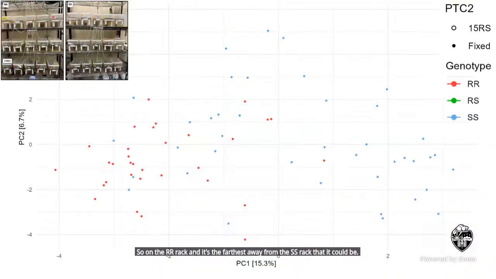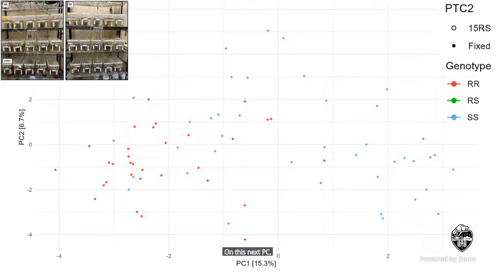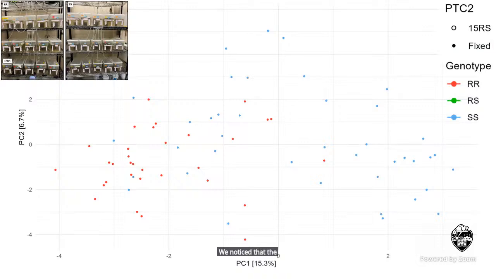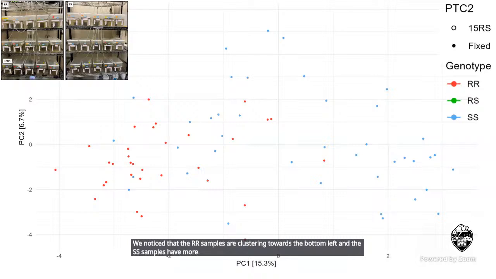On this next PCA, what we first see here are the fixed genotype hemolymph snail samples shown. We notice that the RR samples are clustering towards the bottom left, and the SS samples have more variability, but sort of tend to cluster more towards the right.